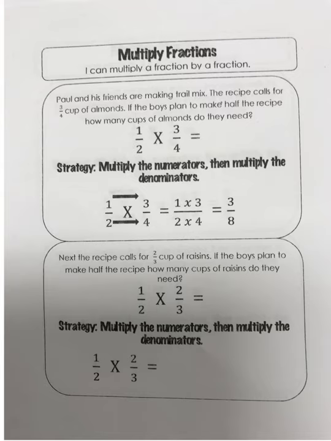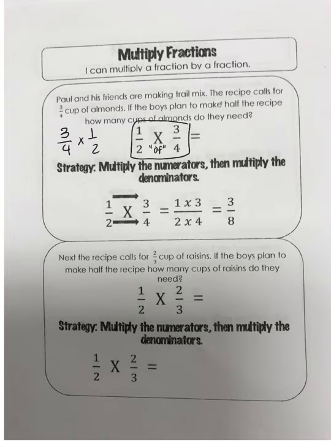When you multiply it by 1/2 and you write out your equation, it is either 1/2 times 3/4, or you could have written it 3/4 times 1/2. The reason that it's written this way is because we read this multiplication sign as the word of. And the problem is telling you you want half of 3/4. That's why it's written that way.